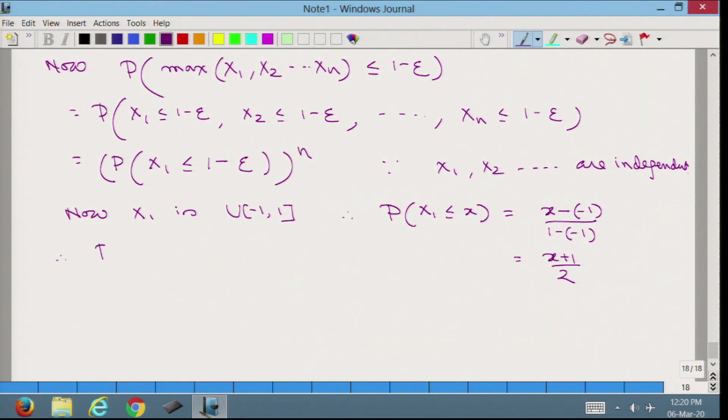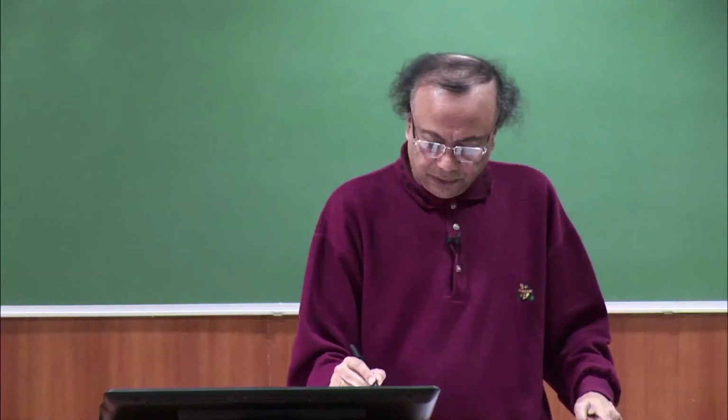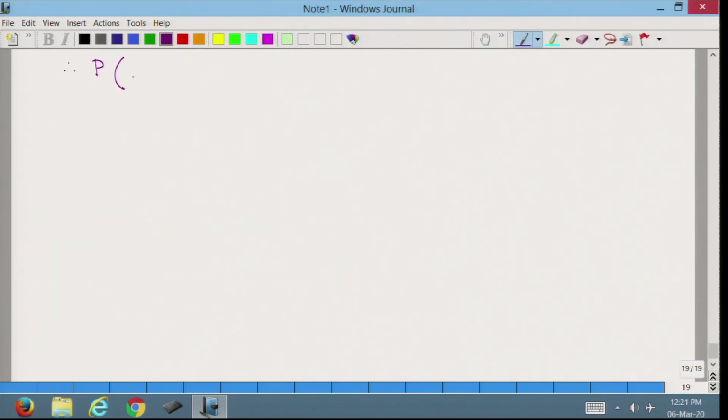Therefore, probability X1 ≤ 1 − ε is equal to (1 − ε + 1)/2, which is equal to 1 − ε/2. Therefore, probability X1 ≤ 1 − ε whole to the power n is equal to (1 − ε/2)^n.